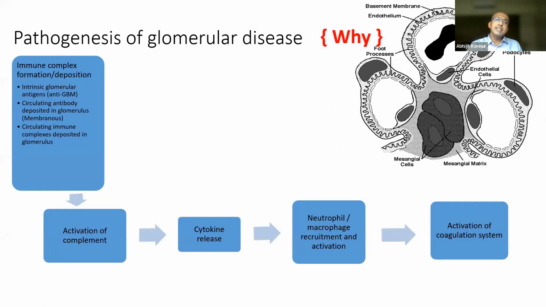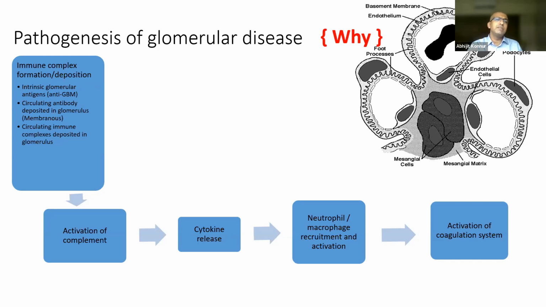The second question is, why does this occur? Typically it involves immune complex formation or deposition. If the antigen is present in the glomerular basement membrane, like in anti-GBM disease, it can involve circulating antibodies which get deposited on the glomerulus, like in membranous nephropathy, where you have PLA2R receptor antibodies present.